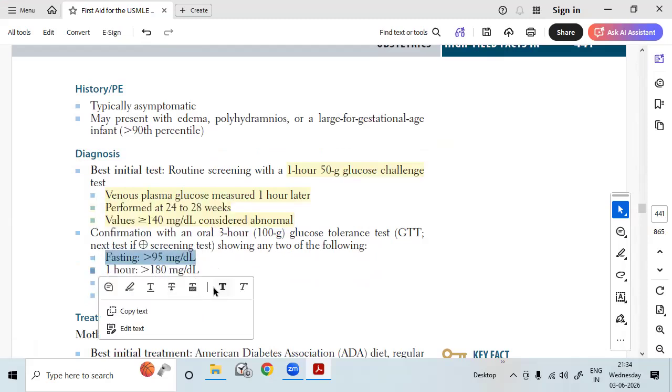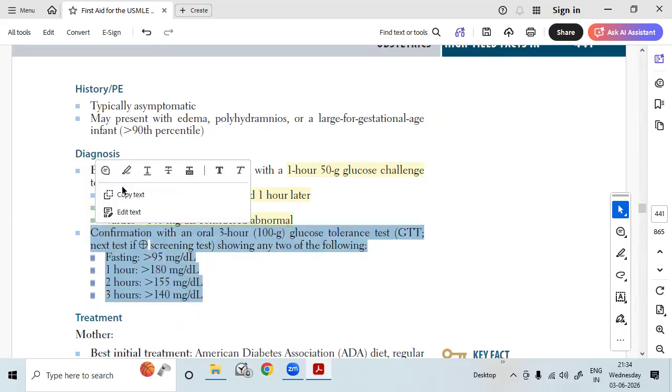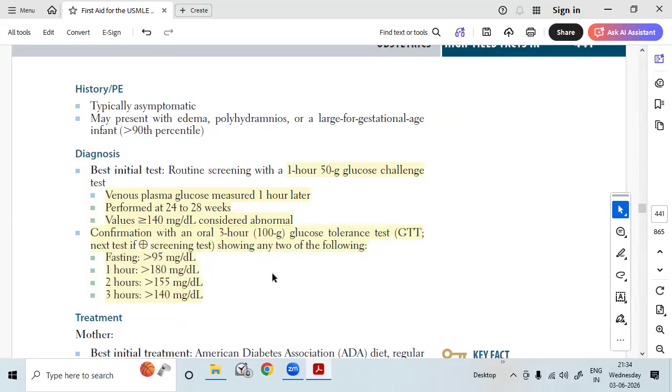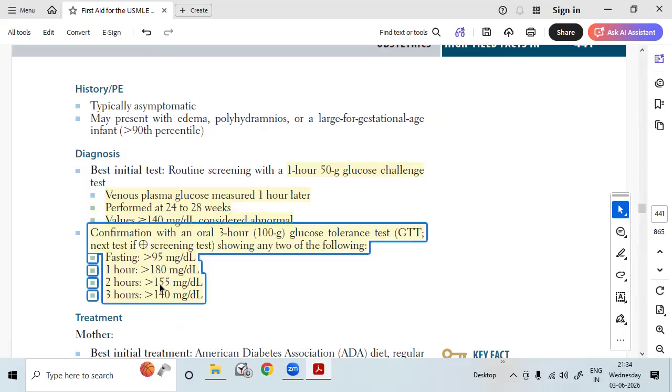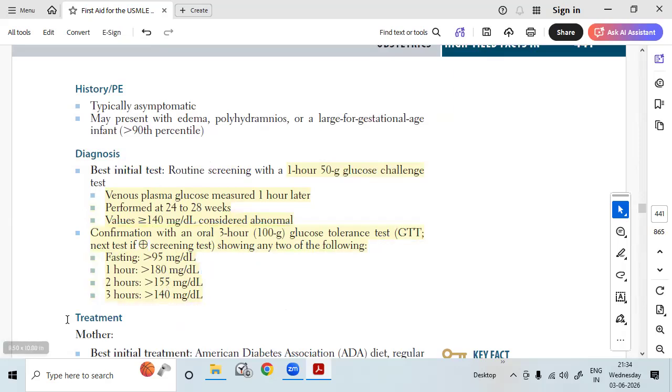Depending on the exam, you need to remember this, but I feel that for the MBBS level, this is definitely required. So how will you remember? Fasting 95, then this is almost double, 180, then 155, which is reduced by around 25, and this is reduced by around 15 after 1 hour.